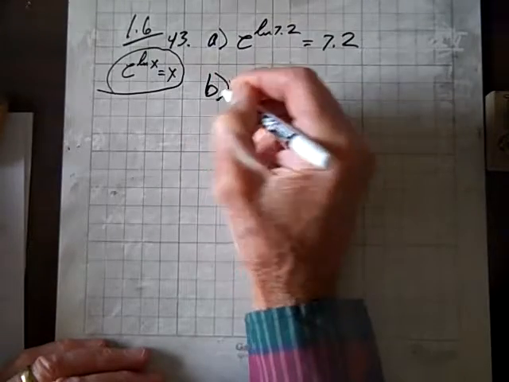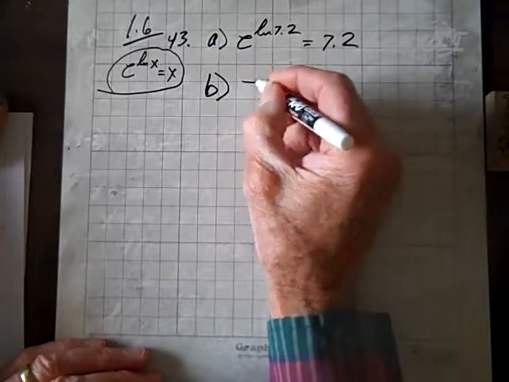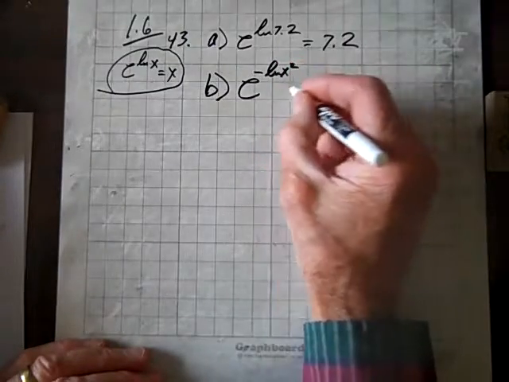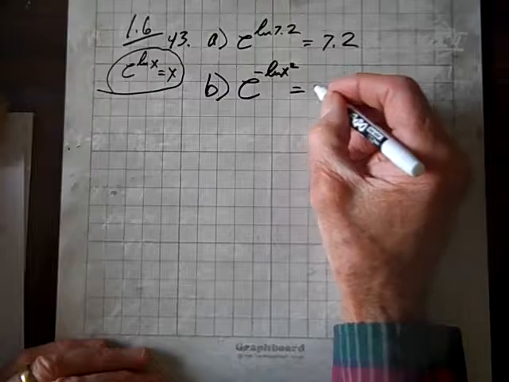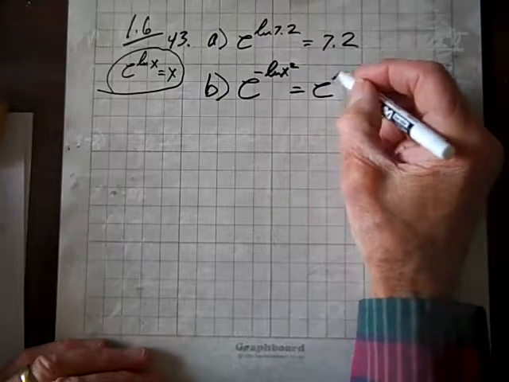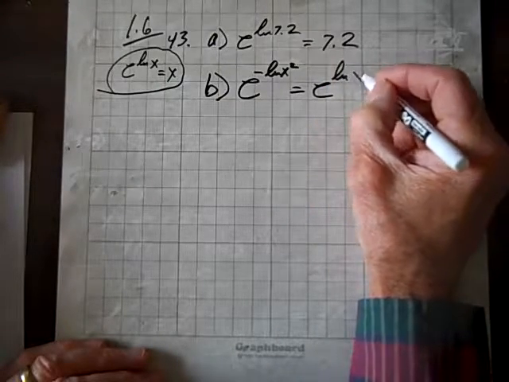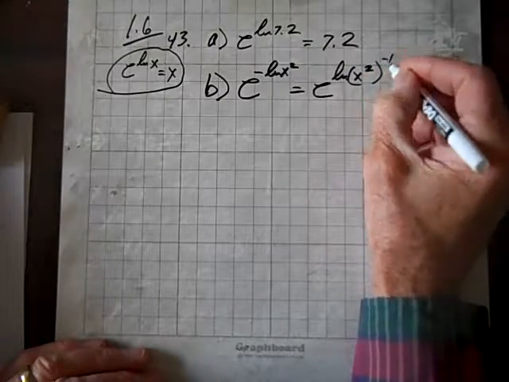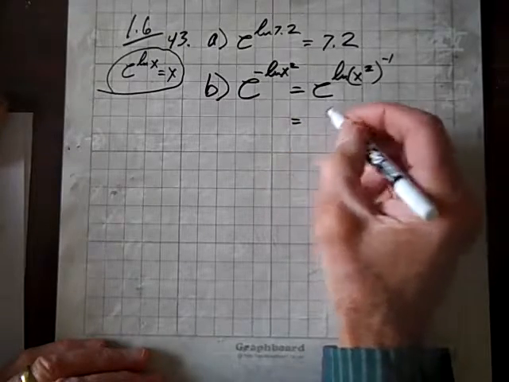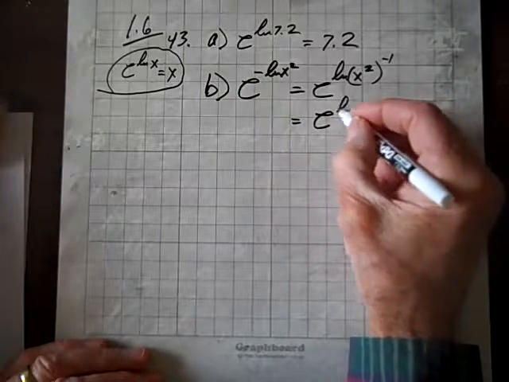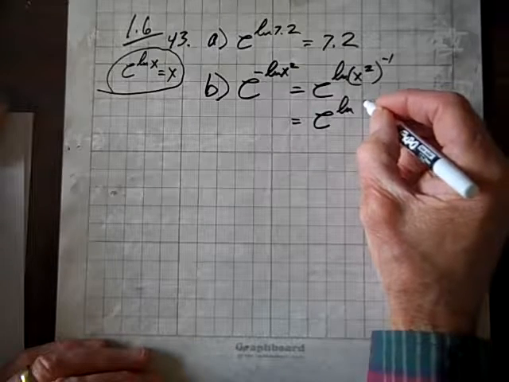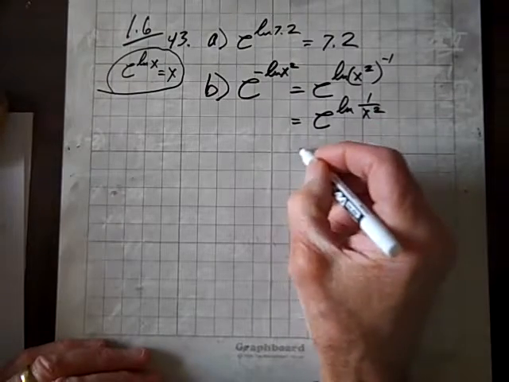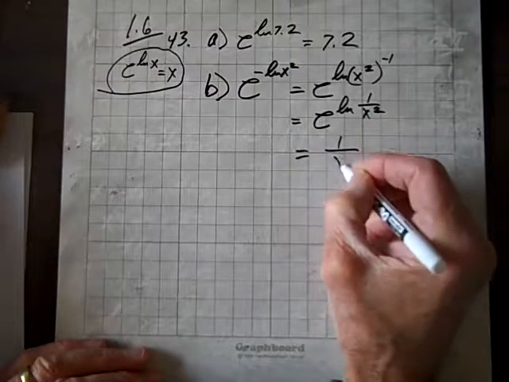So for B, we're given e to the negative ln of x squared, and we've got to simplify that. So that equals e to the ln of x squared to the negative 1, which equals, by the law of logs, e to the ln of 1 over x squared, which equals 1 over x squared.